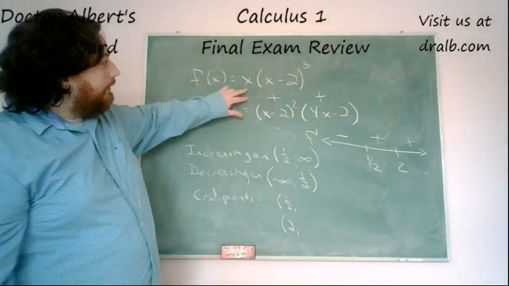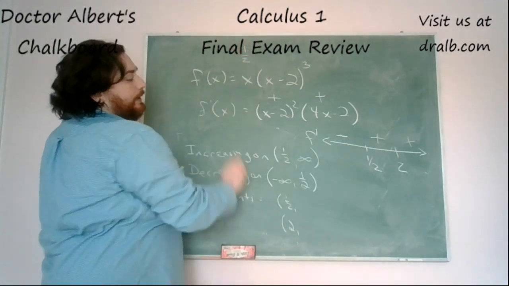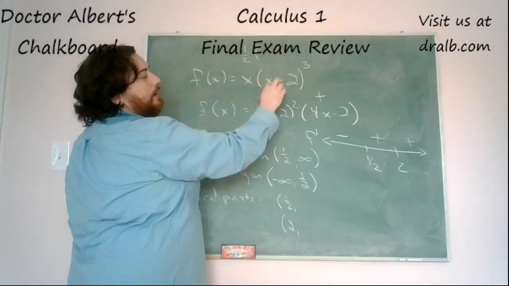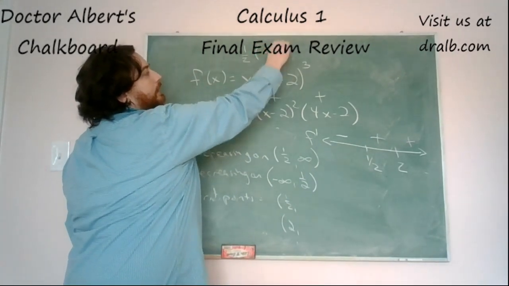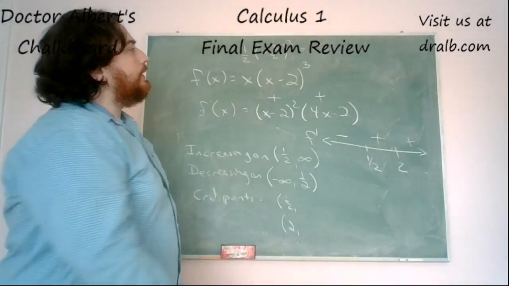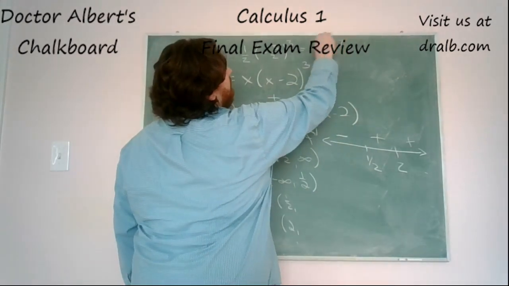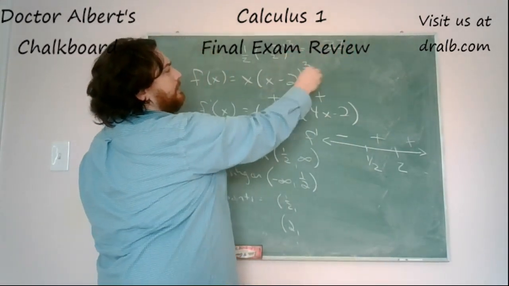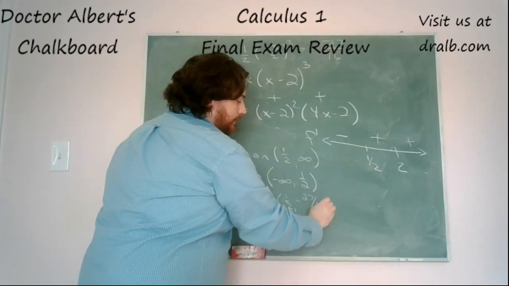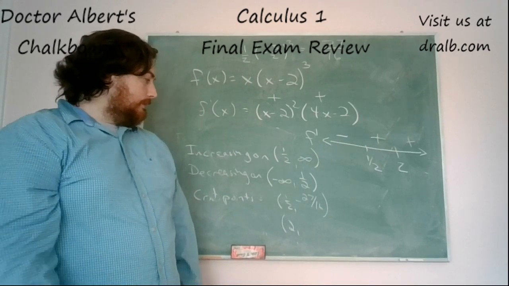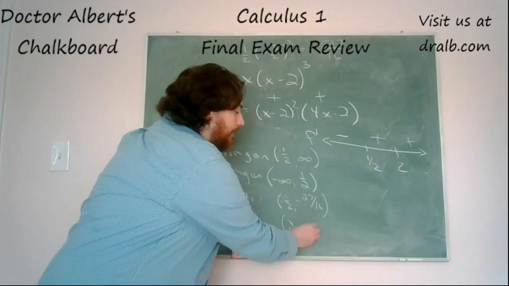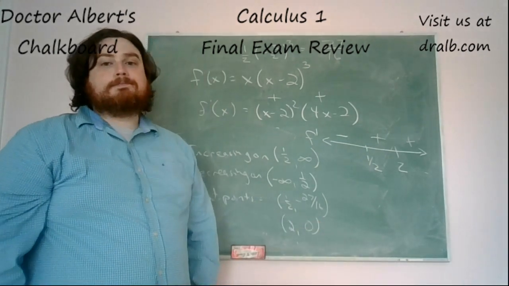So if I take 1/2, and remember these are the y values to the original function now, I would get 1/2 times (1/2 minus 2), which is -3/2 cubed. 3 cubed is 27, so -27. 2 cubed is 8 times another 2 is 16. So I get -27/16. And if I plug 2 in, well, I get 2 times 0, which is just 0, so that one's easy. So those are my critical values.